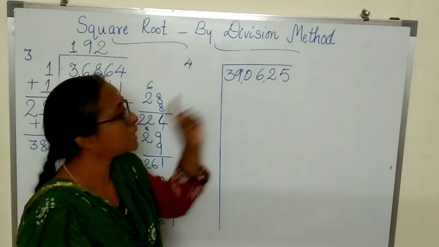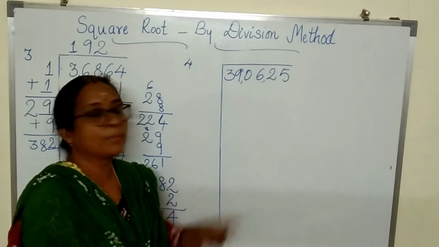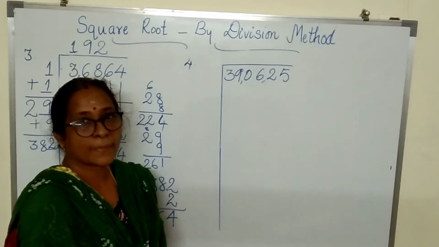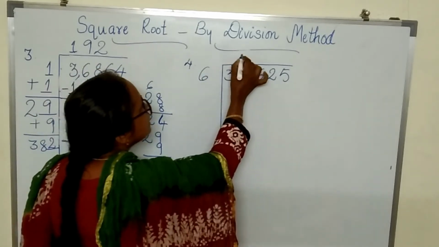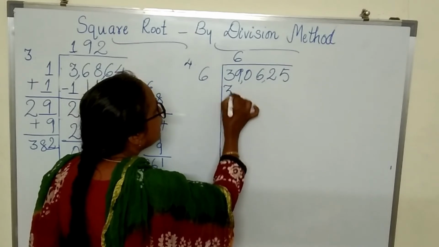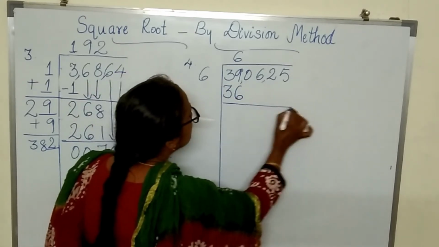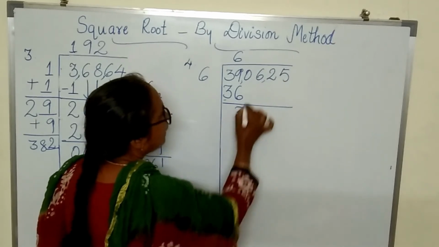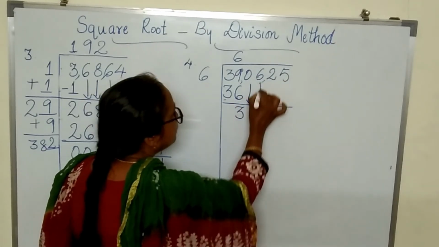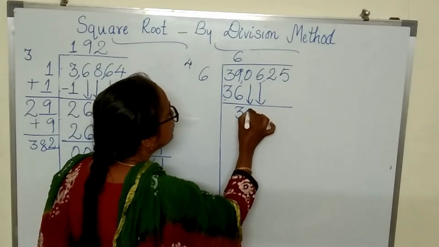First group is 39. Think of the square number just below 39. Yes, which is the number 6. 6 6s are 36. Subtract. What do we get? 3. What is the next step? Bring these 2 digits down.